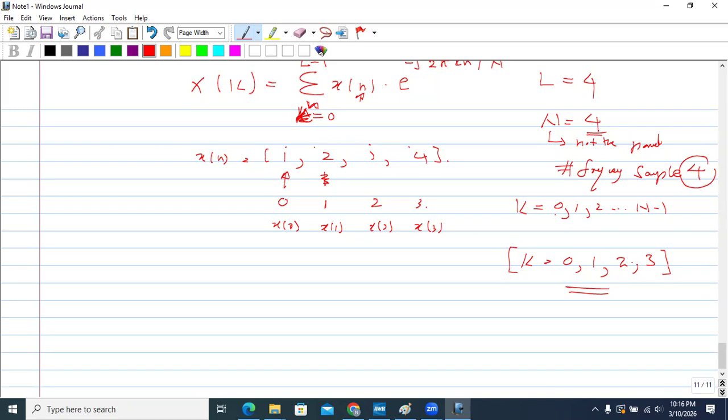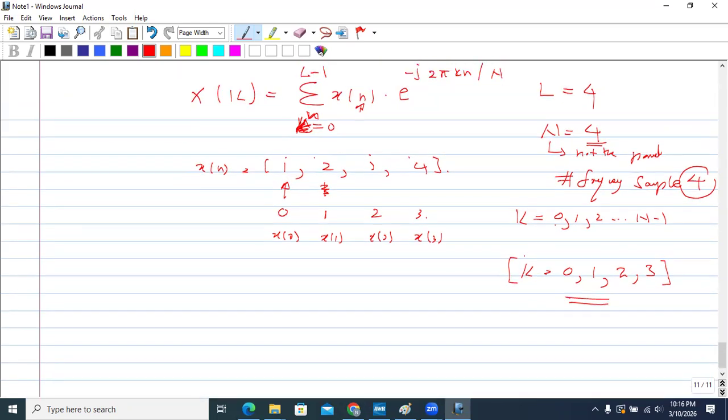Now you need to find the frequency sample, very easy. First the 0th frequency sample, that is K equal to 0. So what is that? X0. Now K is equal to 0, sigma n from 0 to L minus 1, where L is the length of the signal.